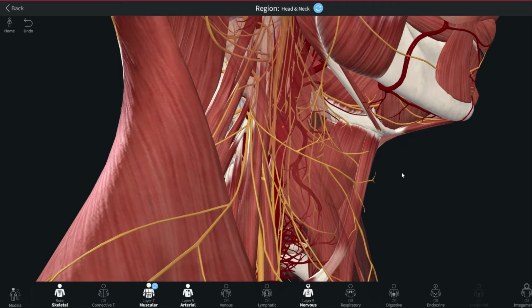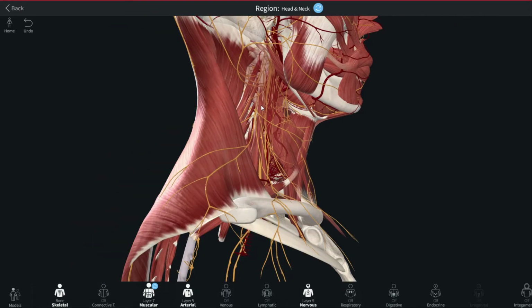TECH, abbreviated as TC, is transverse cervical. Super cool, SC, is supraclavicular. So these four cutaneous nerves of the cervical plexus are also constituents of the occipital triangle.